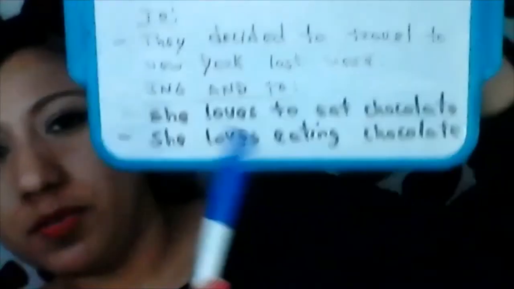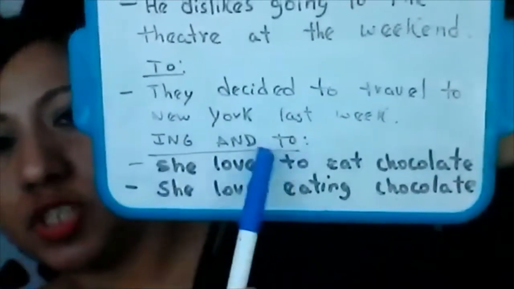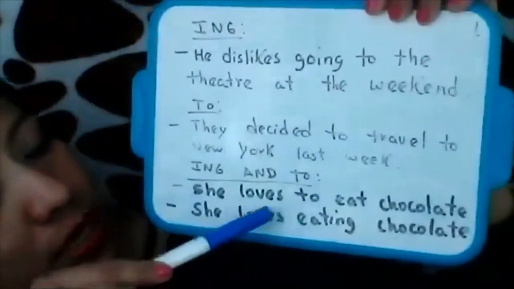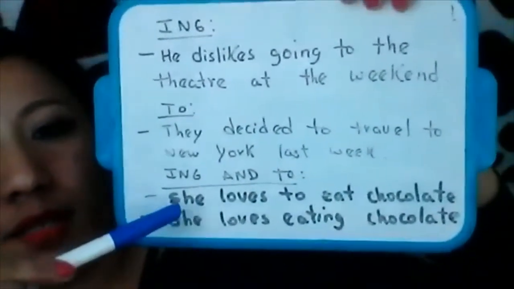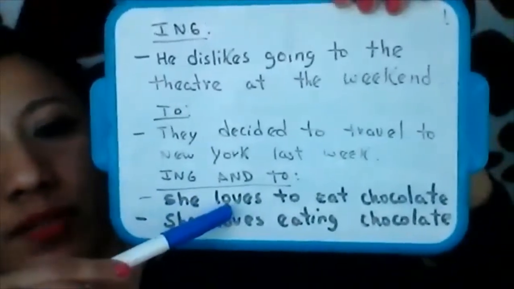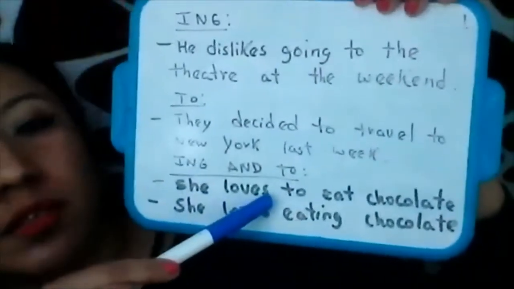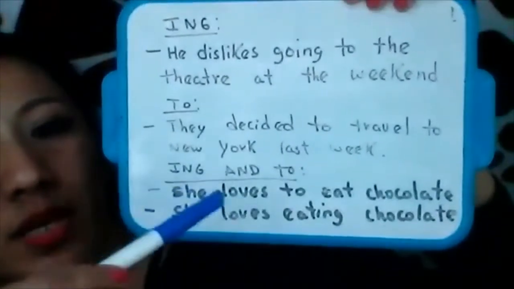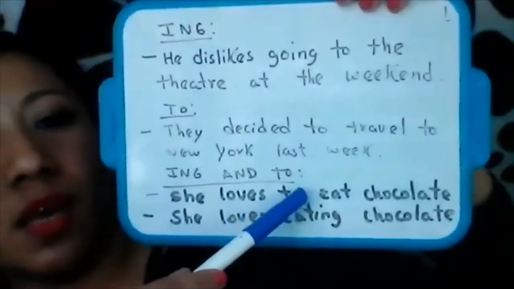I prepare one example. If you take a look here, ing and to, the first one says she loves to eat chocolate. So in this case, I'm using the present simple. I add s because it's the third person. He, she, it. We are talking about always third person.